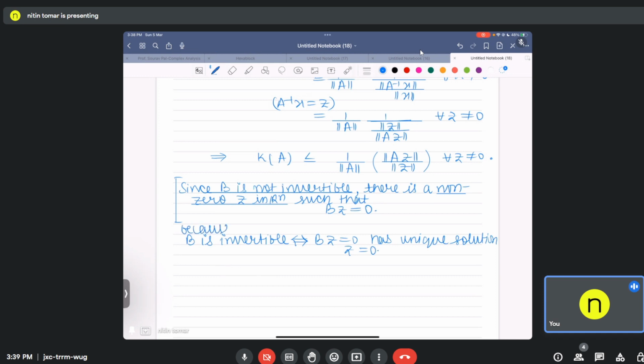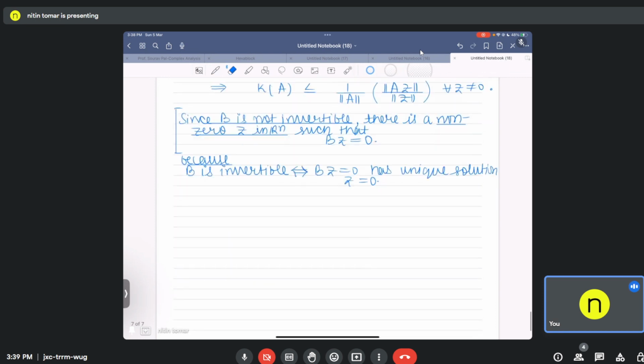So if B is not invertible, it means that there is a non-zero z such that Bz is 0. Just the converse of this, okay. Not converse, the contrapositive of this statement. Do you know the contrapositive? Yes, sir.